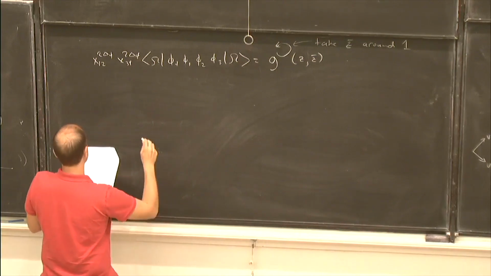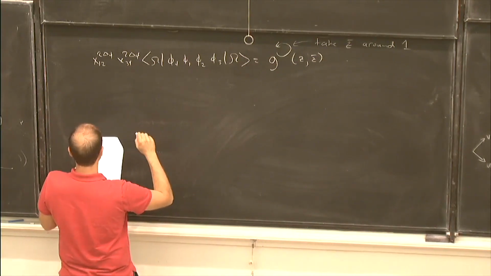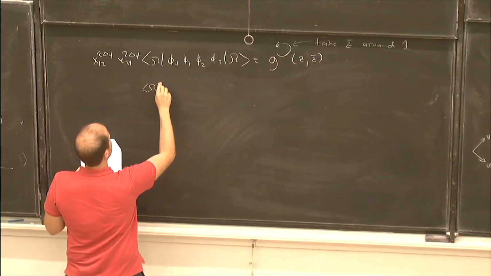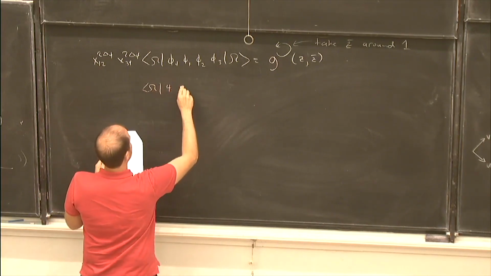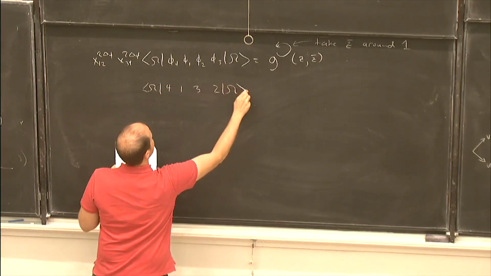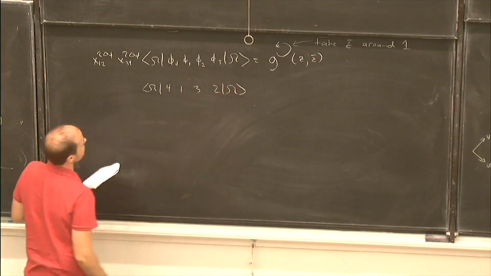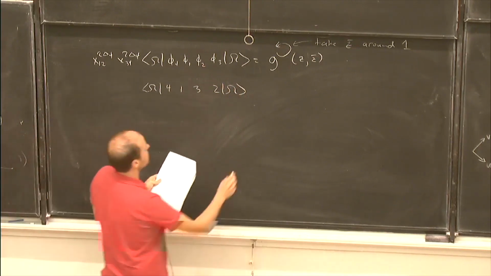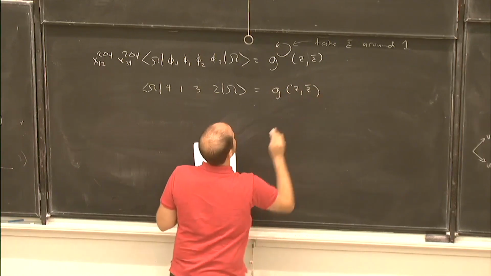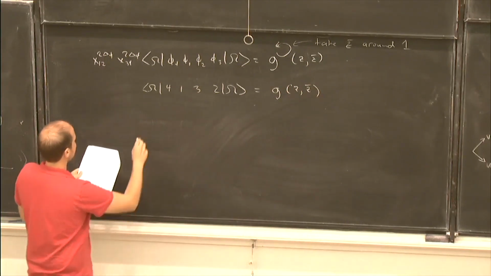And we can do the same exercise for the different orderings. This is definitely an exercise that I recommend. If we look at the ordering 4, 1, 3, 2, so this is what we would need to subtract from this to get the commutator of 2 with 3, then that turns out to just be equal to g of z and z bar with no continuation of z bar.